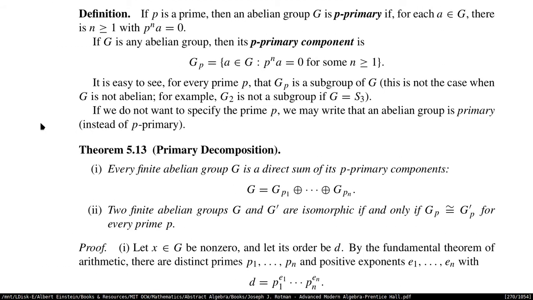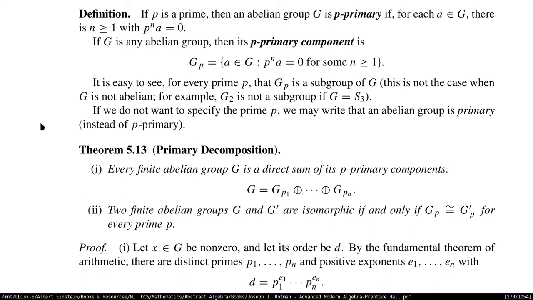Okay, that was P-primary. Not to slow us down, but maybe just one more question. Let's say that we had a finite abelian group and we know its order, and we wanted to find its P-primary component.